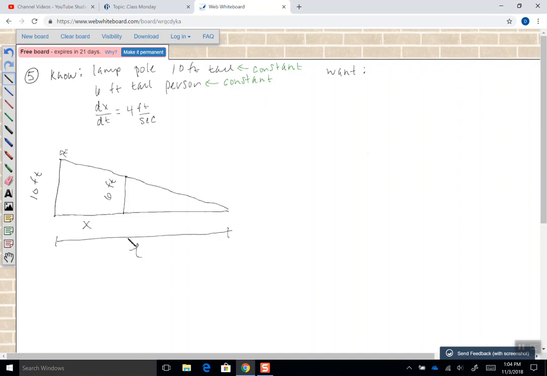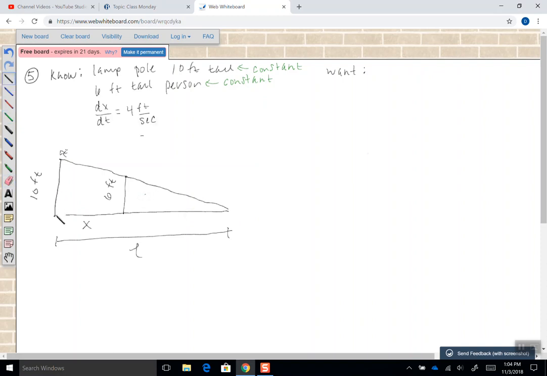The reason I want it to be this whole distance on the bottom of my triangle is because I need to erase this in a minute. But if you think about it, if I wanted to, I could have drawn my 6 foot person here, or here, or here, or here. So if the person was, say, standing right here, then I know that shadow would really be more like right here. So it could be any of this distance, which is why I have to account for everything and why I'm drawing it there.